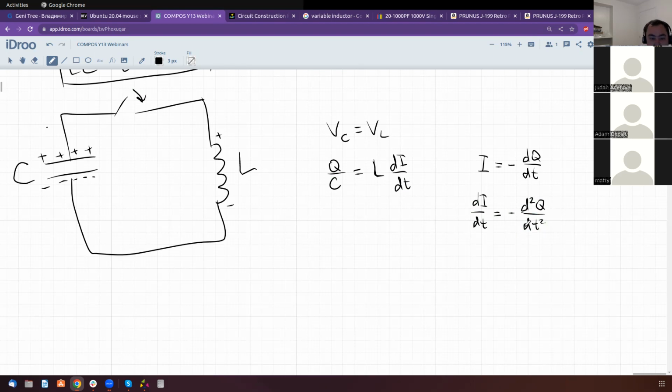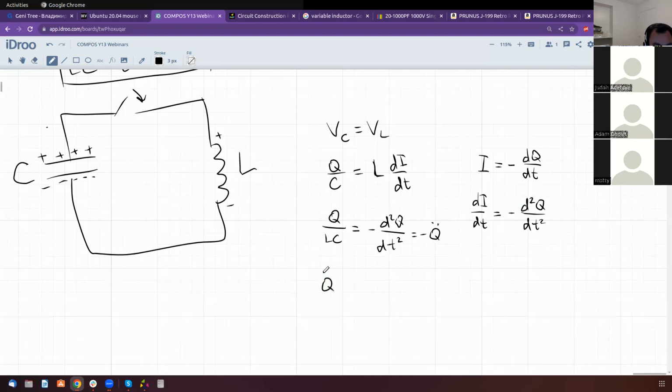So we can drop the LC down: q over LC is equal to minus d squared q over dt squared, which is also known as minus q double dot.